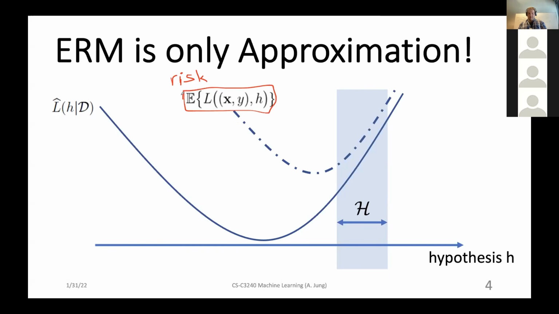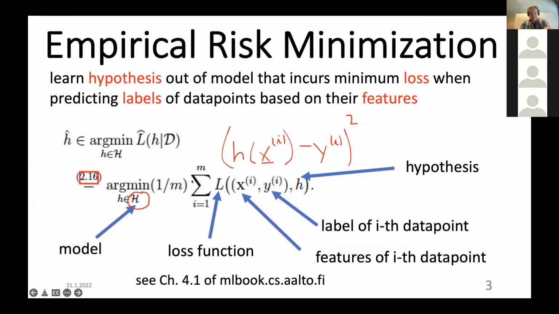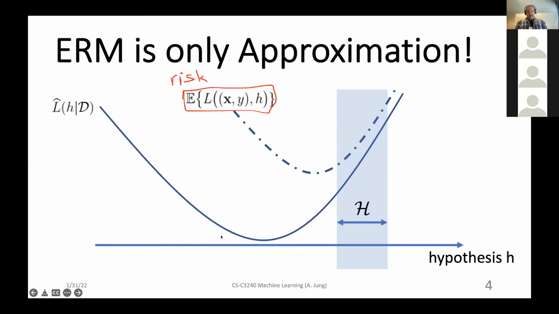So we can use some basic results of probability theory, which go under the name the law of large numbers, to approximate this expectation with this sum here. So this sum is an approximation of an expectation. And sometimes this approximation is good, and sometimes it's not so good.